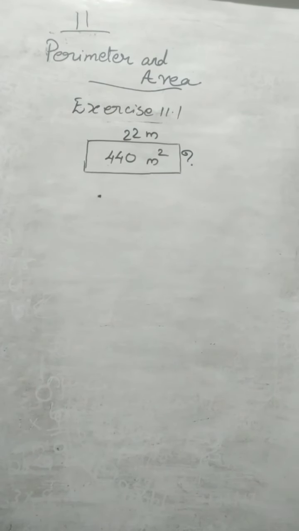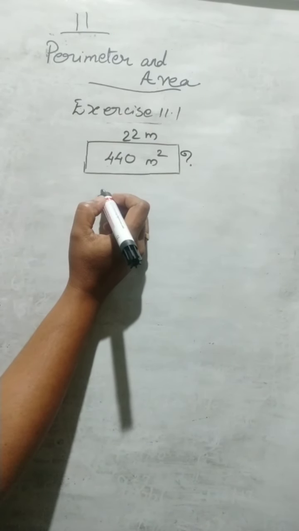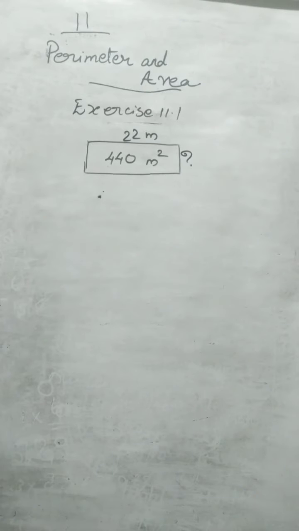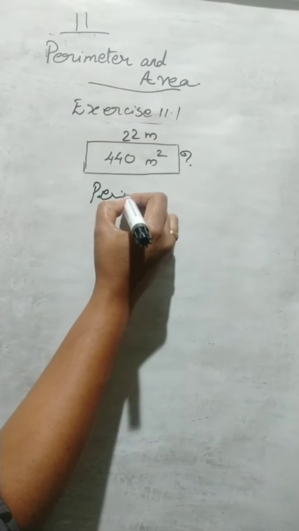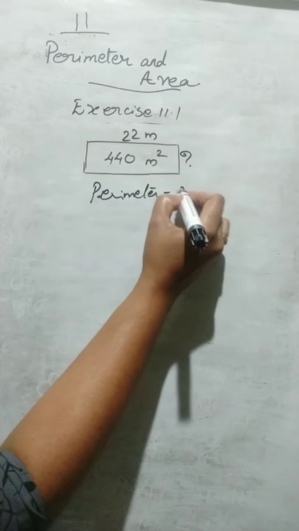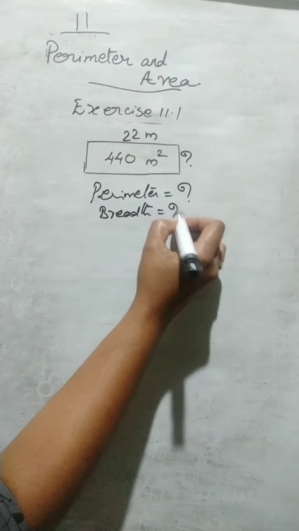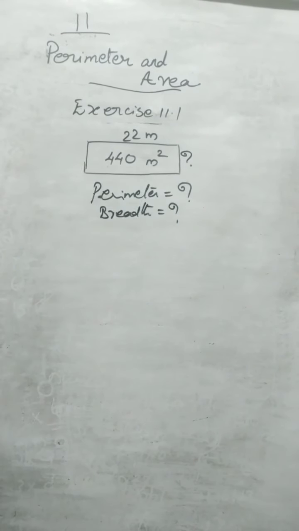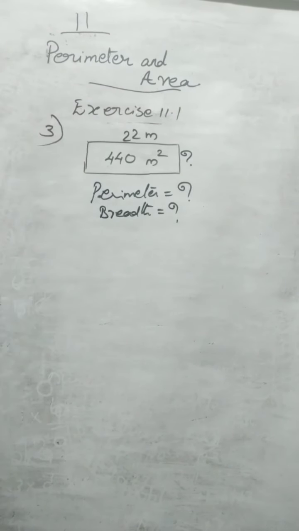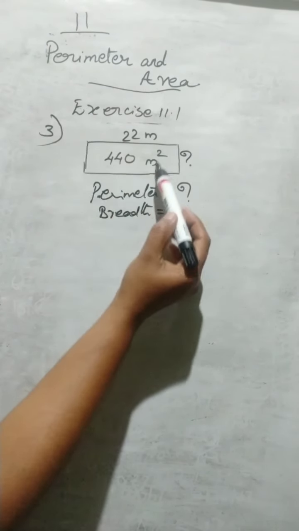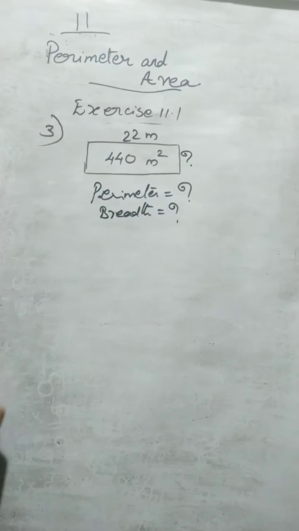We also have to find the perimeter of this. We have to find the breadth and the perimeter. Now, one clue is the area is equal to 440 meter square and length is equal to 22 meter.